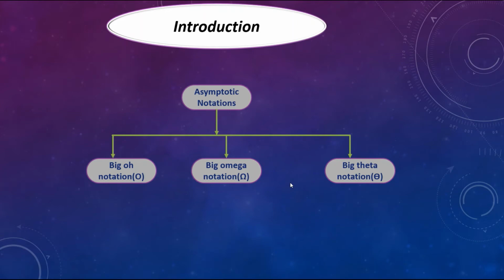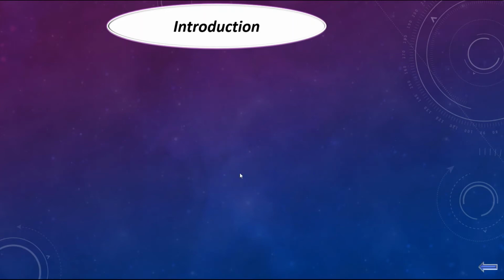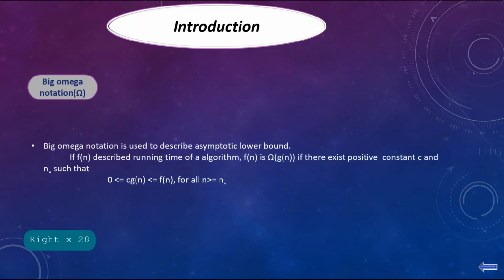In the same way, we can also consider the other one, that is big omega notation. The big omega notation is used to describe the asymptotic lower bound. As in big O notation we said that it describes the upper bound, the omega notation defines the lower bound.